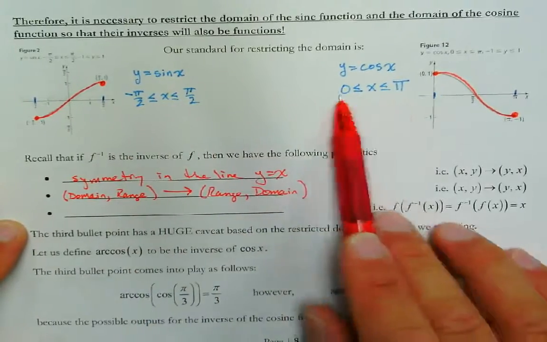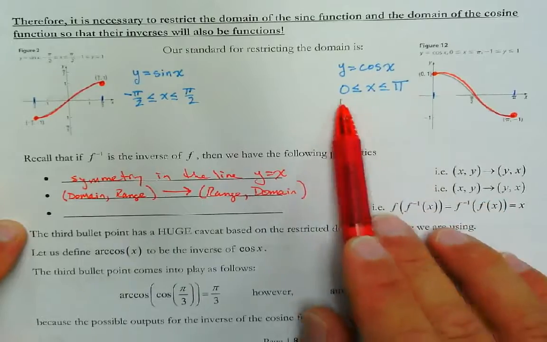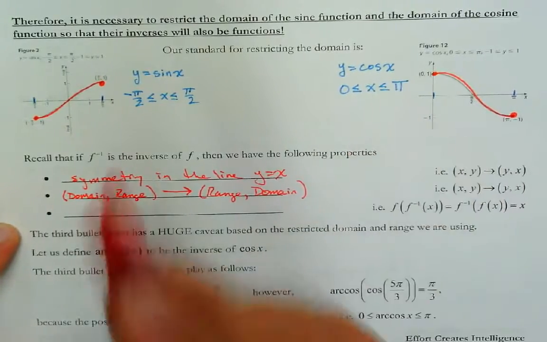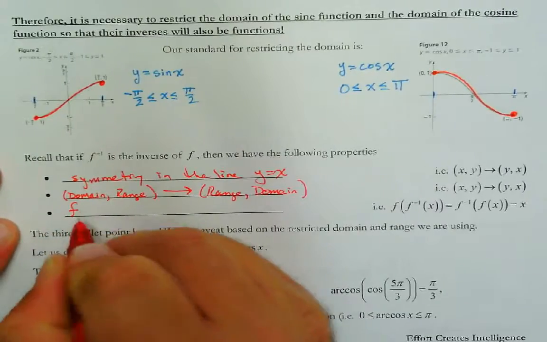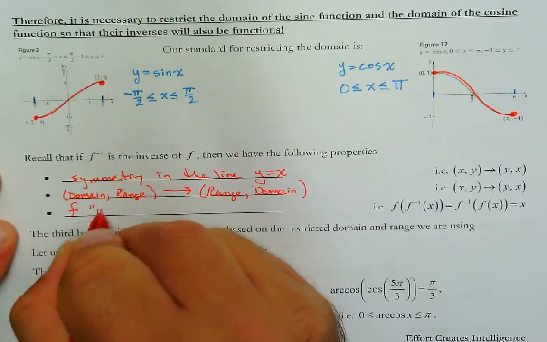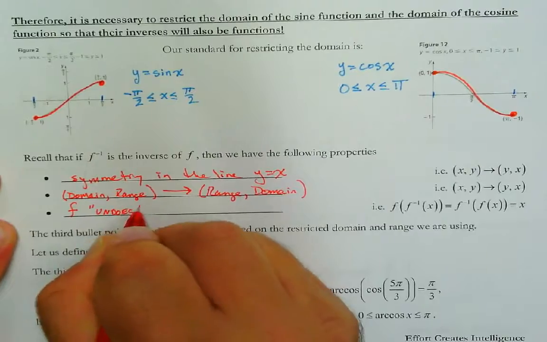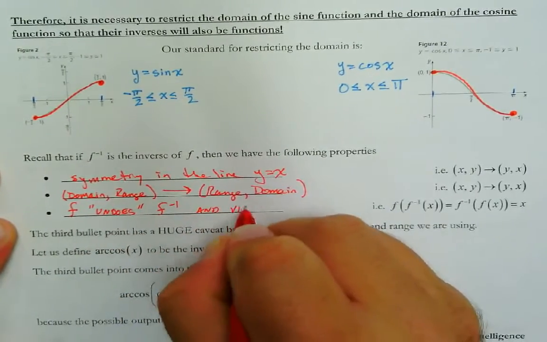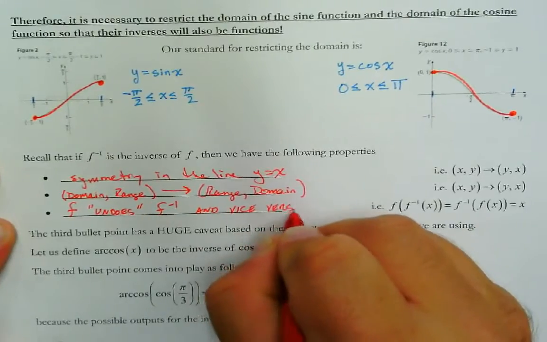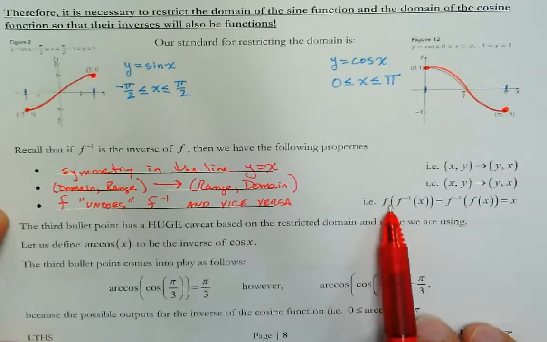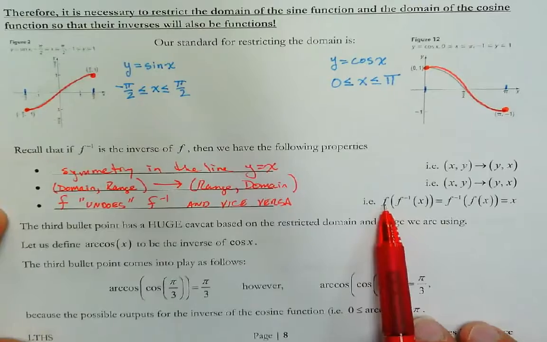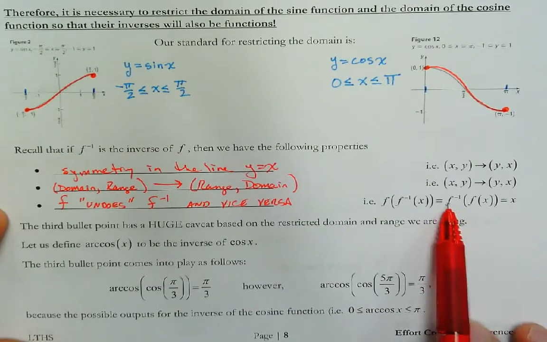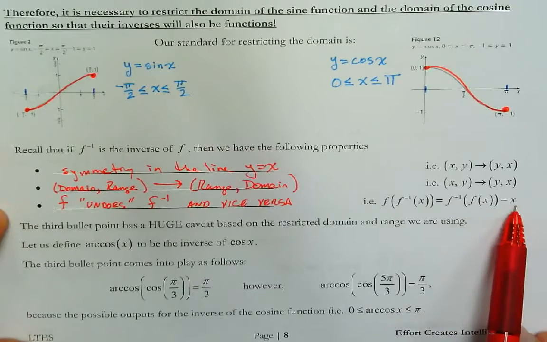And then finally, we can think of this as f undoes the inverse and vice versa. So in other words, if I evaluate f at the inverse of some input, that's going to be the same as the inverse of f at some input, which will be that input.